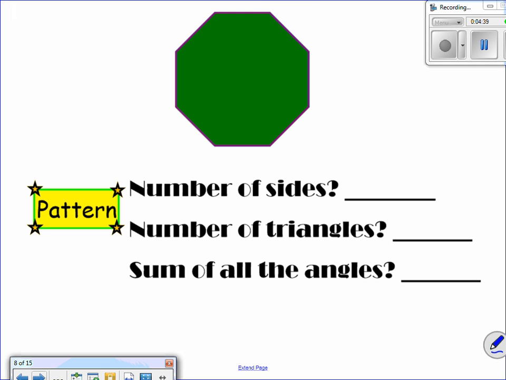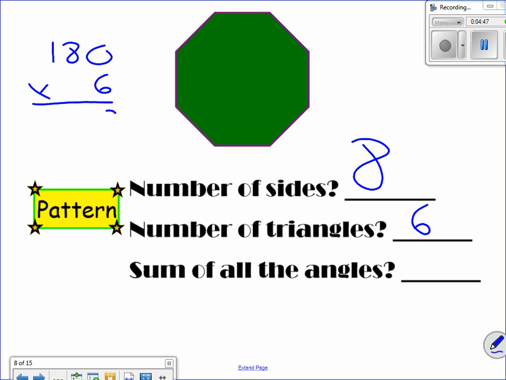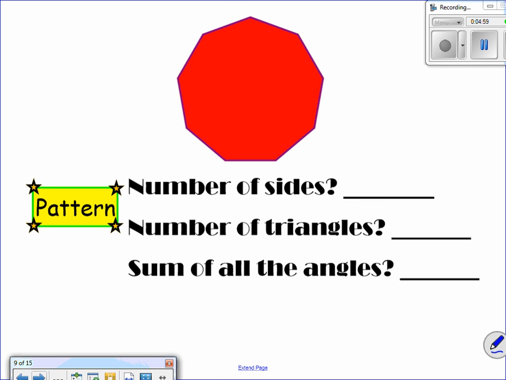We have an octagon, 8 sides. 2 less, 6 triangles. 180 times 6 is 1080 degrees. Okay.